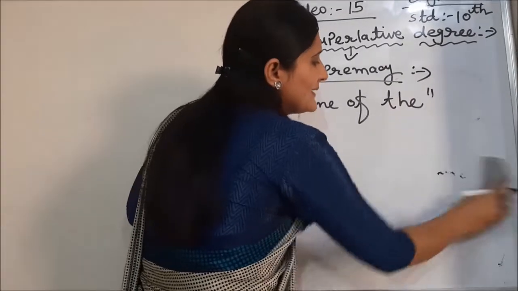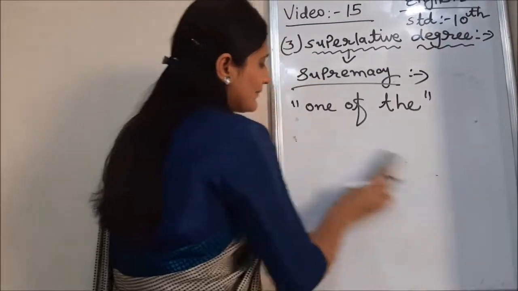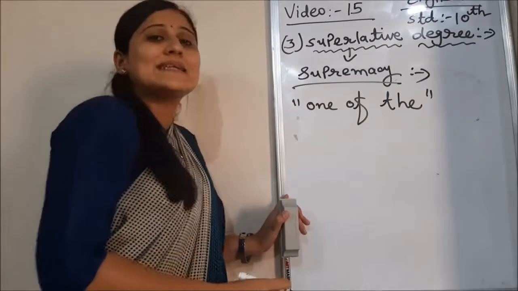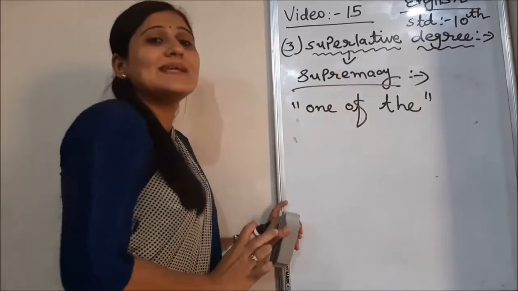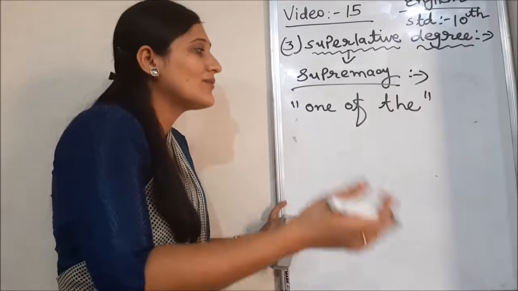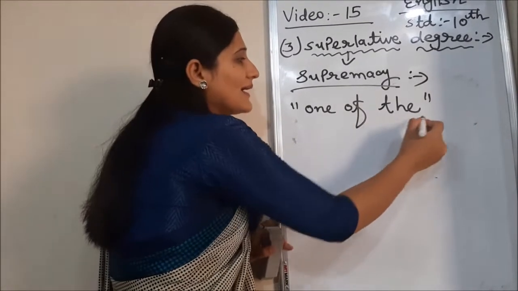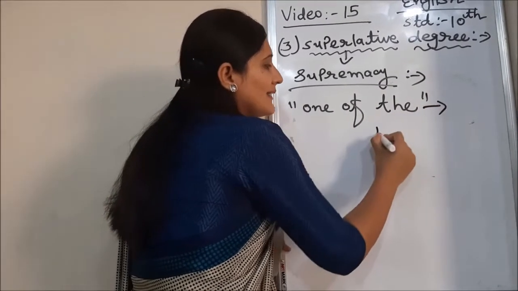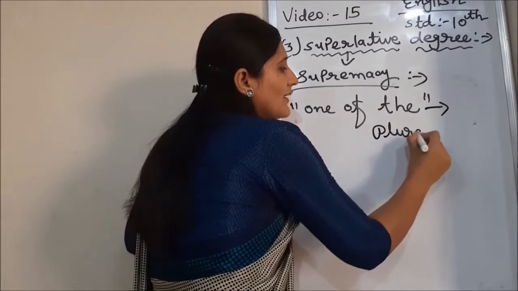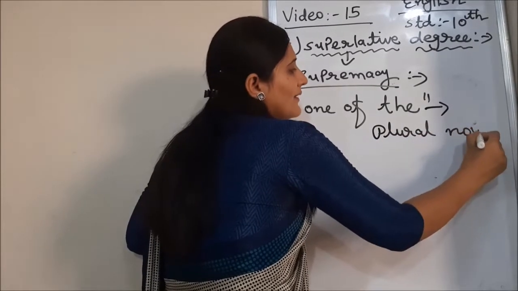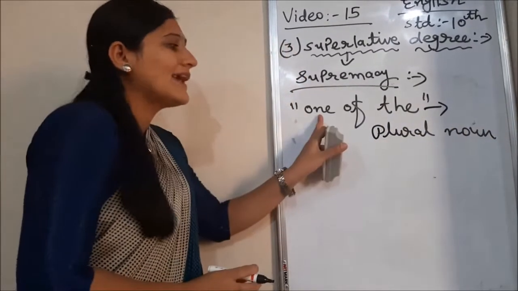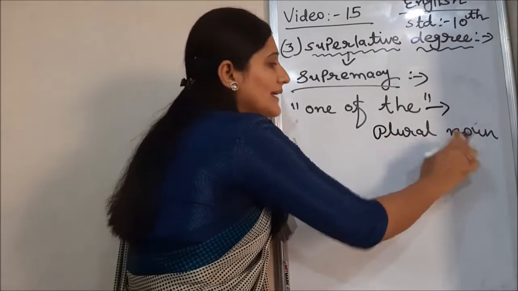One of the means something that is superior to others. But keep in mind, after one of the, there will be a plural noun. After one of the, there will be a plural noun, right?